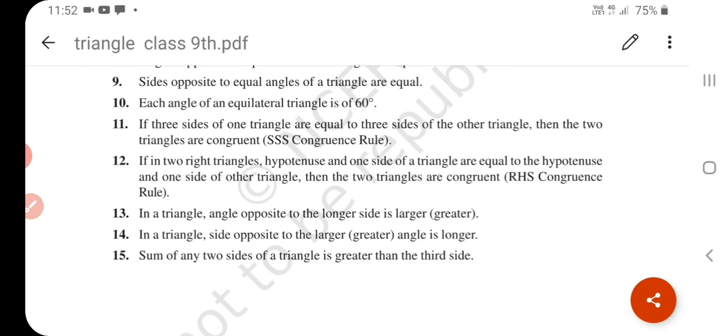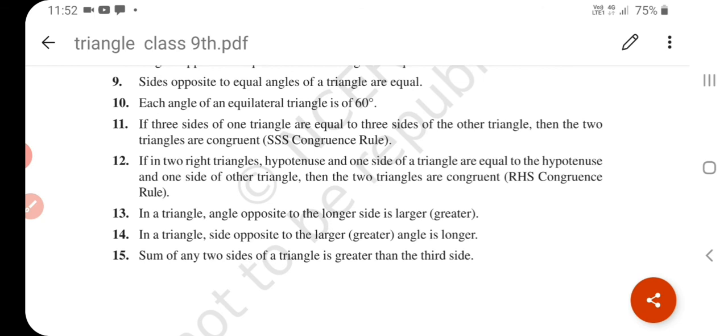Now in this chapter we learn about triangles, and you have to learn and remember all the theorems and all the criteria. Okay, and when the triangles are congruent, when the triangles are not congruent to each other, and what is the condition for congruency of two triangles. Okay, so remember all the things.